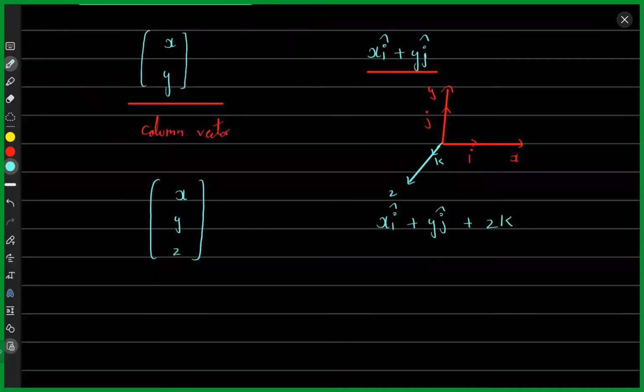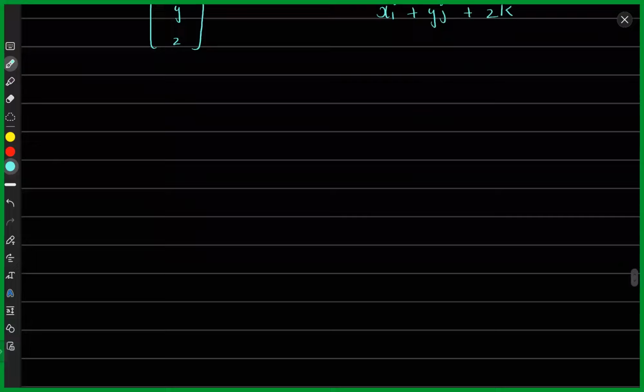Let's talk about one example just so we understand the concept. Now imagine that you have a vector and that vector is 3, 1, and -2.